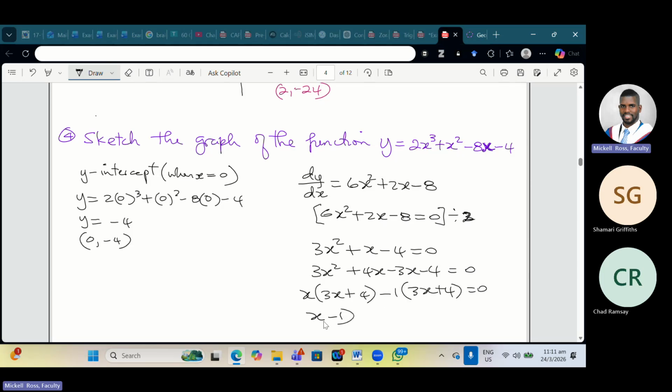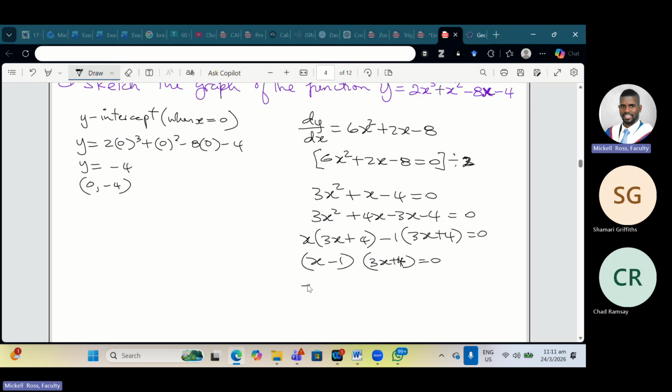So (x minus 1)(3x plus 4) equal to 0. So that means either x is equal to 1 or x is equal to negative 4/3.